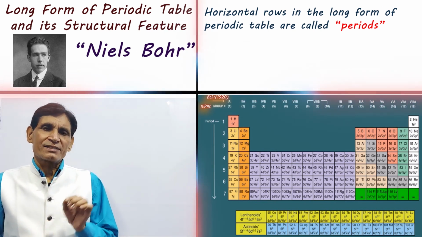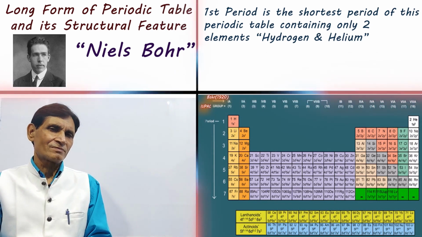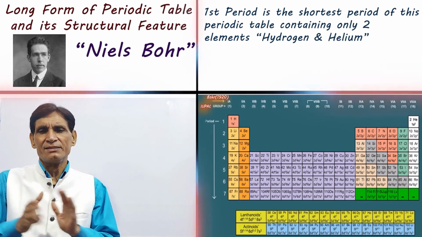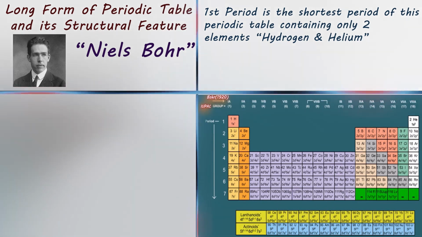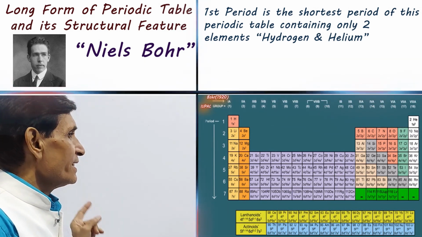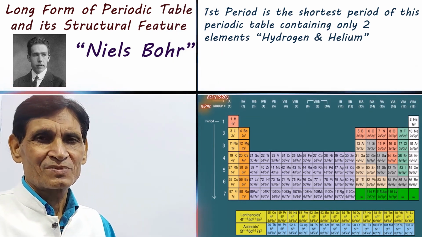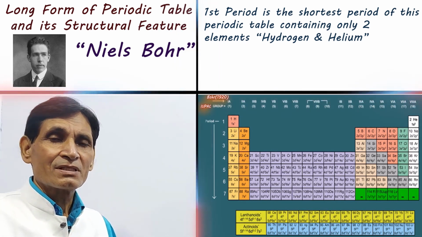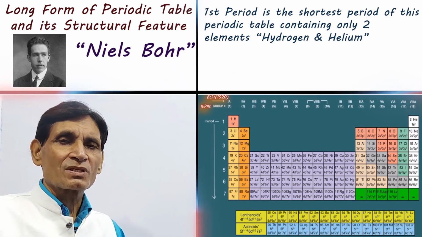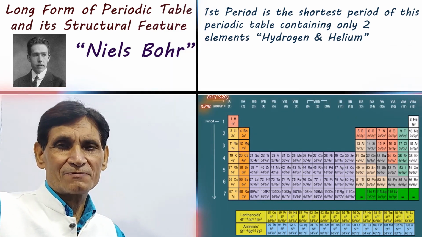Next, the first period is the shortest period in this periodic table. It contains only 2 elements, hydrogen and helium. The second period begins with lithium, atomic number 3, containing 1 electron in the outermost cell, and ends with neon, having 8 electrons in the outermost cell.